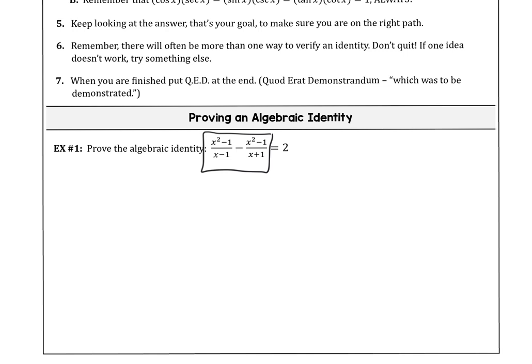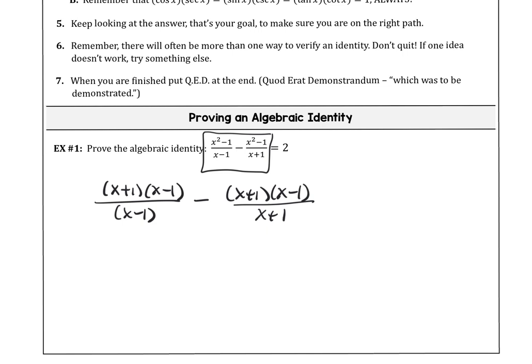But I think probably the easier way is that I'm recognizing x squared minus 1 is a pattern. If I factor that, that is x plus 1 times x minus 1. And notice that if I factor both of these, I can simplify it and it makes it so much easier. Once we factor, this binomial can cancel with this one, straight on top and bottom.